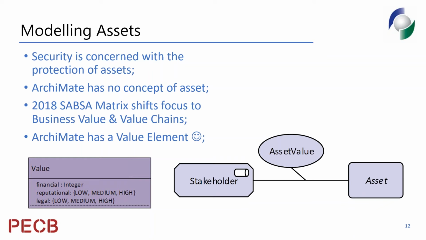We always know through those tertiary associations which stakeholder sees what value in which asset, right? So these are the kind of modeling tips that we come up with as we work through the practical application of things like asset modeling.